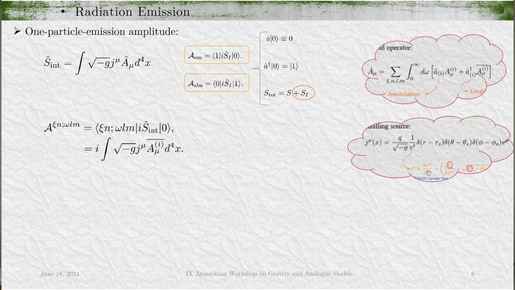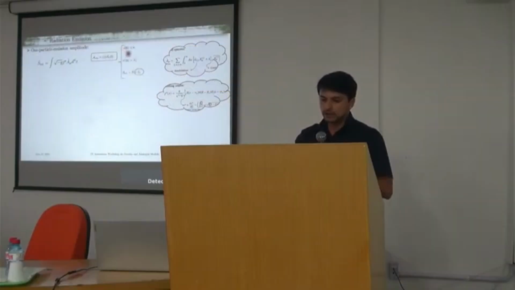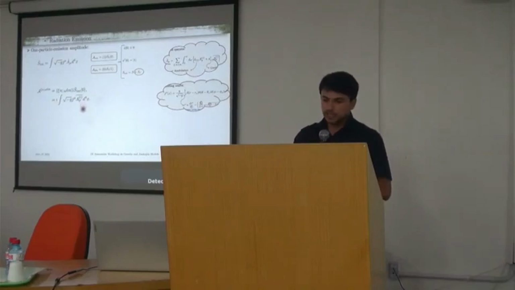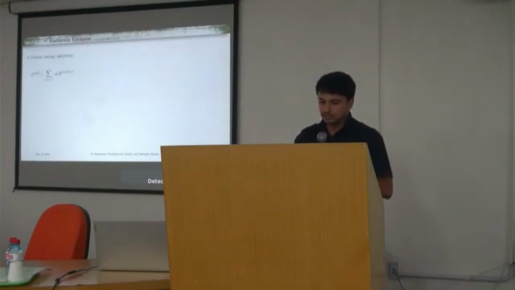Here we have the usual vacuum state, one particle state, and the total action. With this emission amplitude, we can study the probability of emission of one photon, which is basically the classical radiation emitted by the charge in this case, at this order in the perturbation.